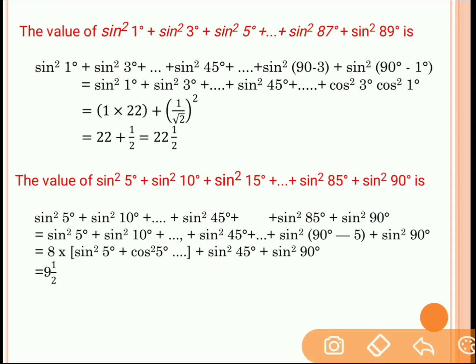In this expression, total 8 pairs will be like sin square theta plus cos square theta. So 8 pairs plus there is one term sin square 45 and one more term, that is sin square 90 degree. Now sin square 45 can be written as 1 by root 2 whole square, that is 1 by 2, and sin square 90 degree is 1. So 8 plus 1 is 9, 9 plus 0.5 is 9.5.